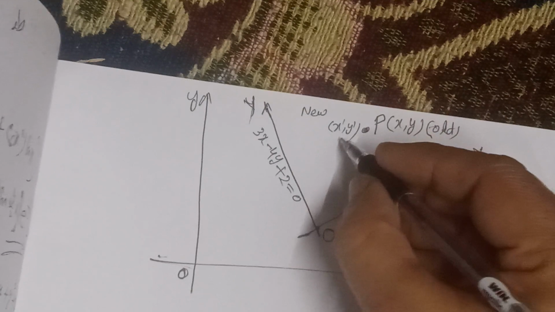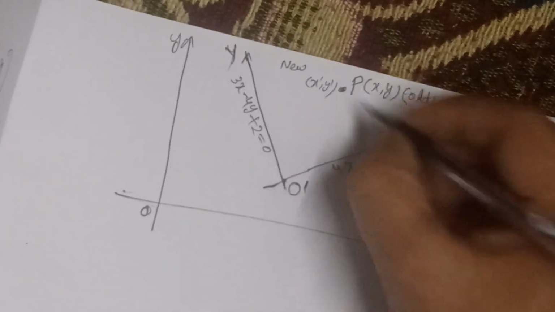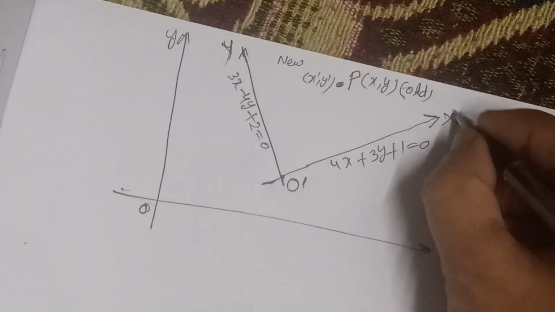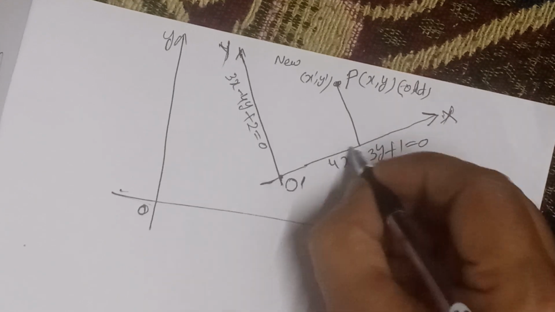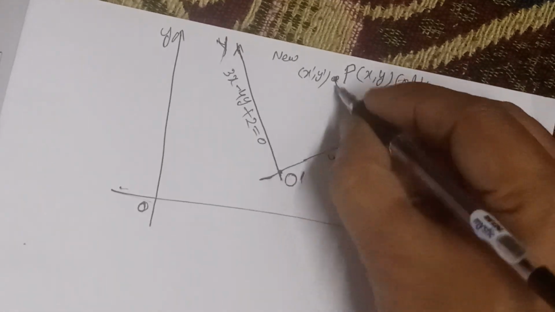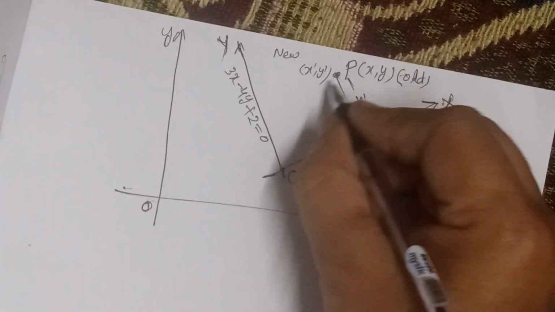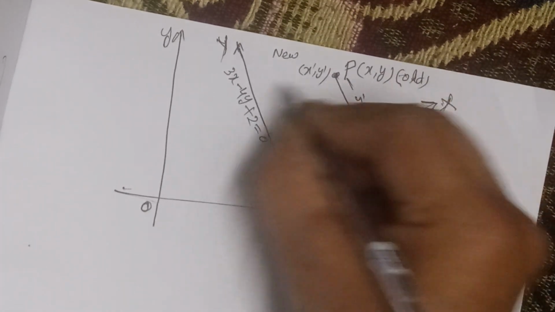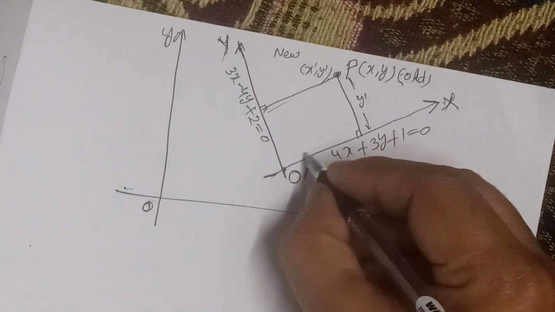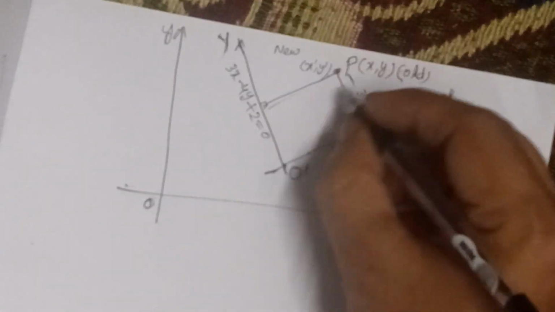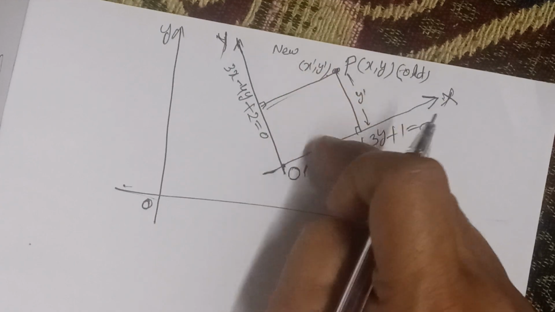So x dash y dash means if we draw perpendicular from P on this new coordinate system, this value is x dash and this value is y dash. If we draw perpendicular from P on y axis, we get this value is equal to this value, because this is a rectangle, and opposite sides of rectangle are equal.